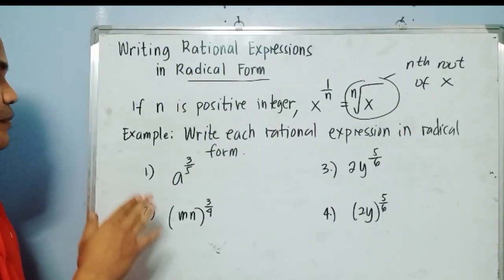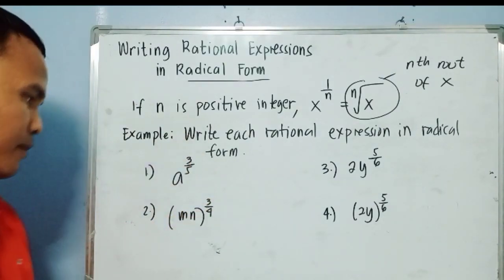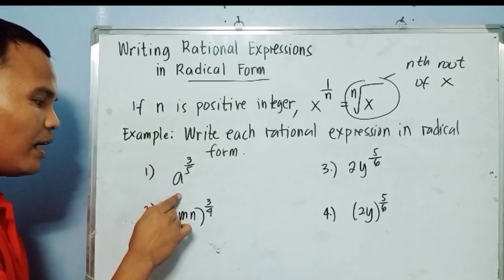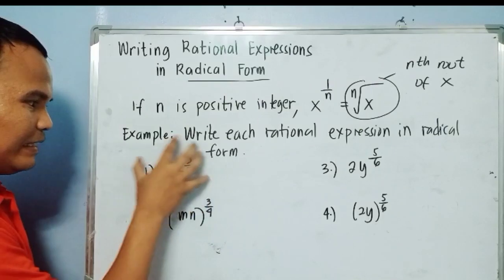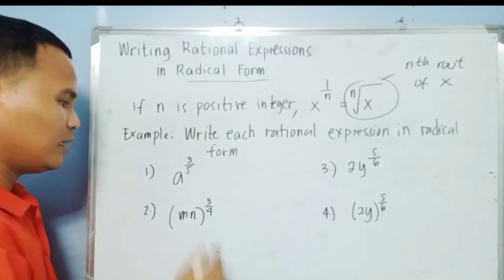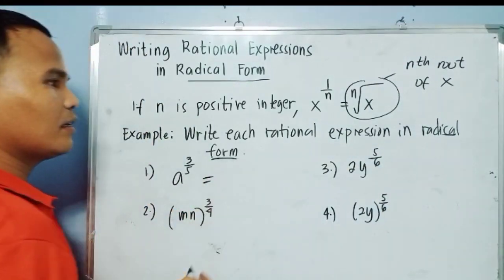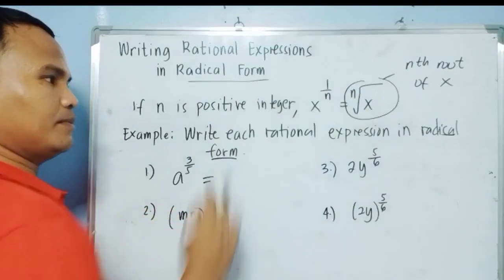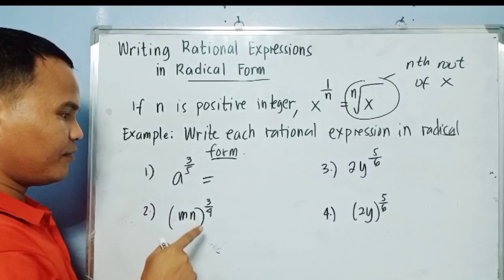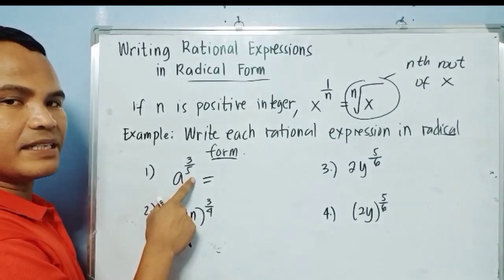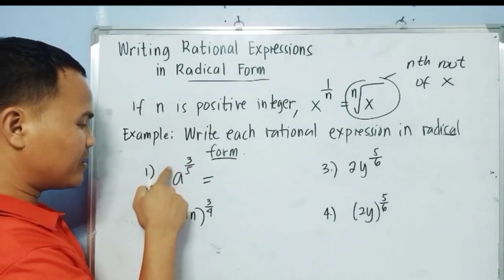Okay, let us have an example. Write each rational expression in radical form. Let us have number 1. A raised to the power of 3 over 5. So this is a rational expression. If we want to make this one into a radical form, we use the rule. Here, the exponent is 3 over 5. Meaning to say, the denominator is 5. So what is our radicand? The radicand is always the base.